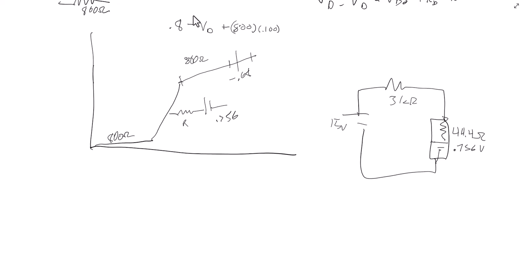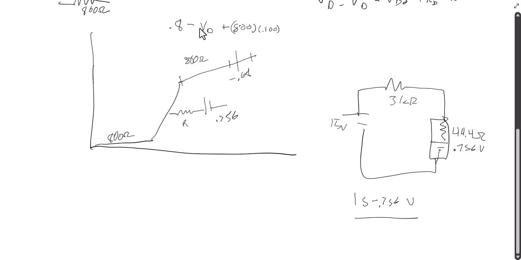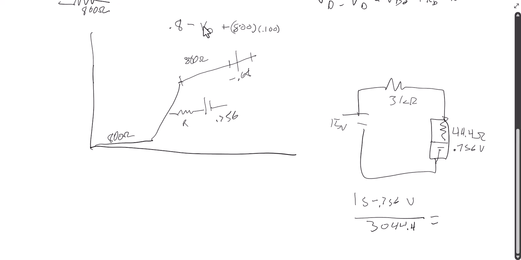To see if it works, I've got a net voltage of 15 minus 0.756. So I take this voltage minus that voltage, that's my net voltage, and I divide that by my total resistance, that's 3044.4, and that gets me a current value of 4.68 milliamps.